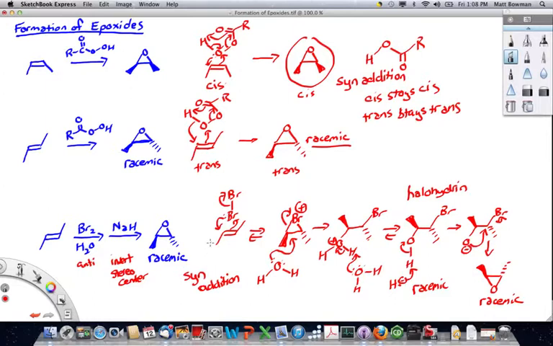Now, I want to talk just a little bit about this step here. The important thing to remember is this oxygen and this bromide must be anti to each other to get the internal SN2 reaction to go.